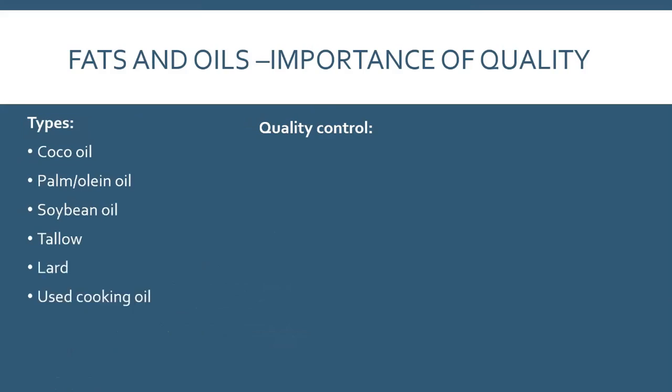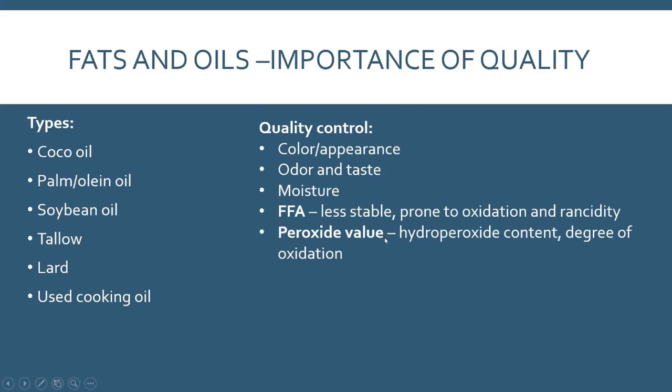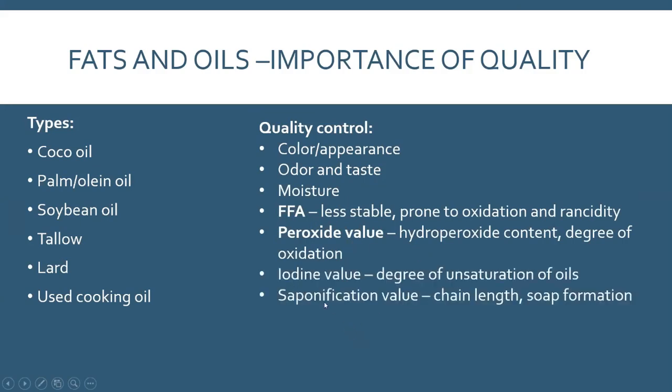We even use restaurant leftovers, used cooking oil, those from restaurants and fast food chains, which we sometimes utilize for our feed. So the usual quality control that we employ for fats and oils, we check for their color, appearance, taste, moisture, and free fatty acid, peroxide value, iodine value, saponification value.